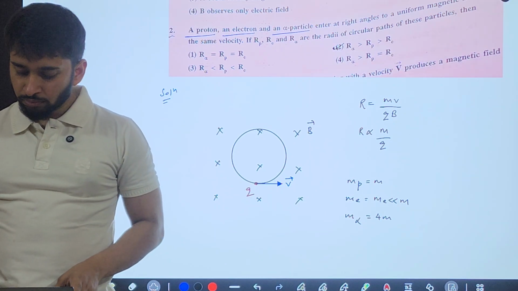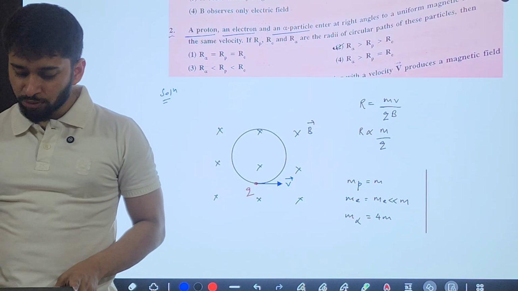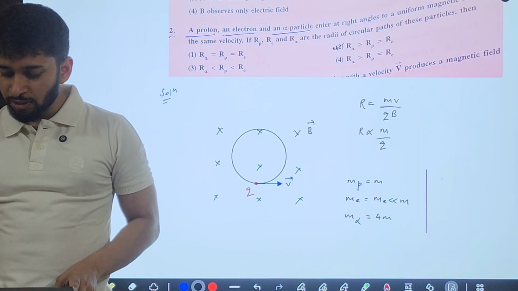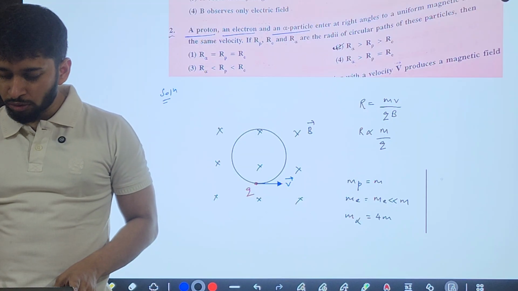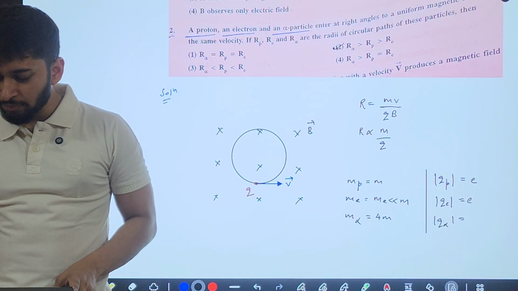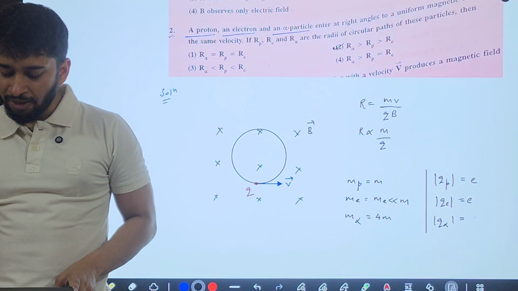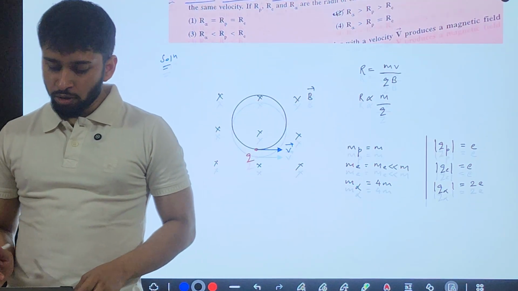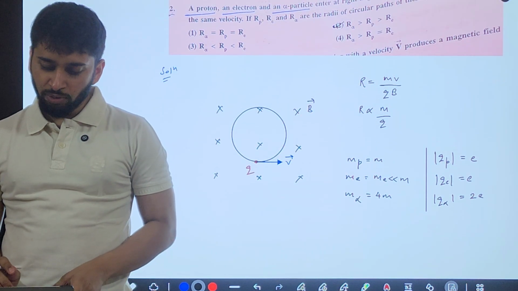What else? Let us compare the charges quickly, just in terms of magnitude. Let us say the charge on a proton is e. Then the charge on an electron will also be e, no difference there. The charge on an alpha particle, a doubly ionized helium atom, will be 2e. Now we have to compare.